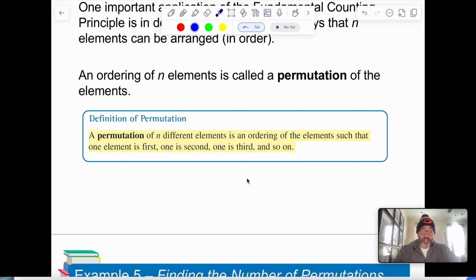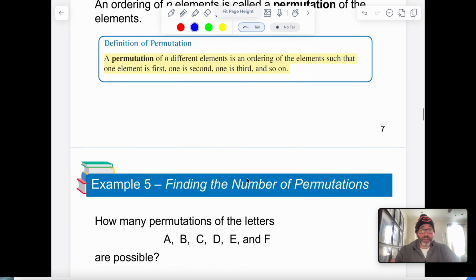Let's say the three horses racing are Doug, John, and Eric. Doug comes in first, John second, Eric third. That order is very different than if Eric came in first, Doug second, John third. So the order matters in that case, and therefore we call this a permutation.